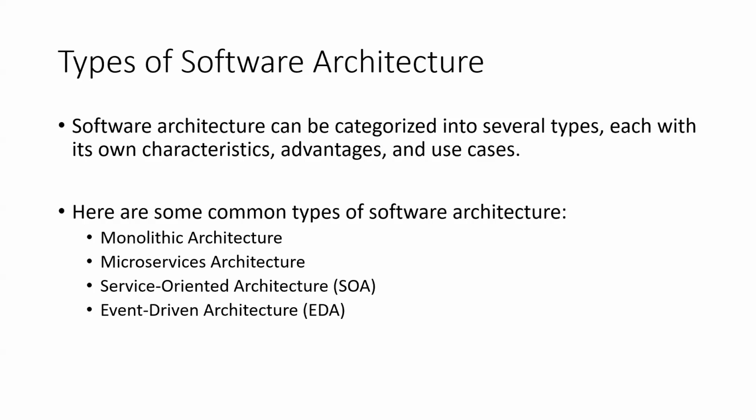Then at last we have microservices architecture. That is one type of software architecture where the components are loosely coupled. When the systems or dependent systems are loosely coupled, you have an advantage.